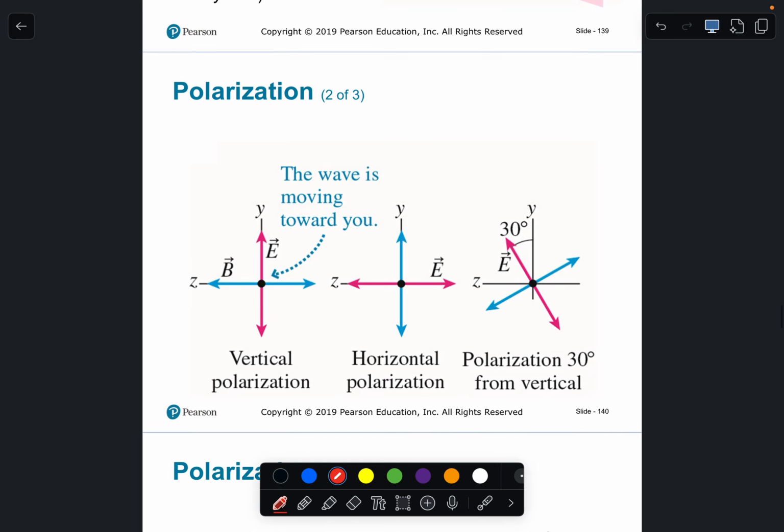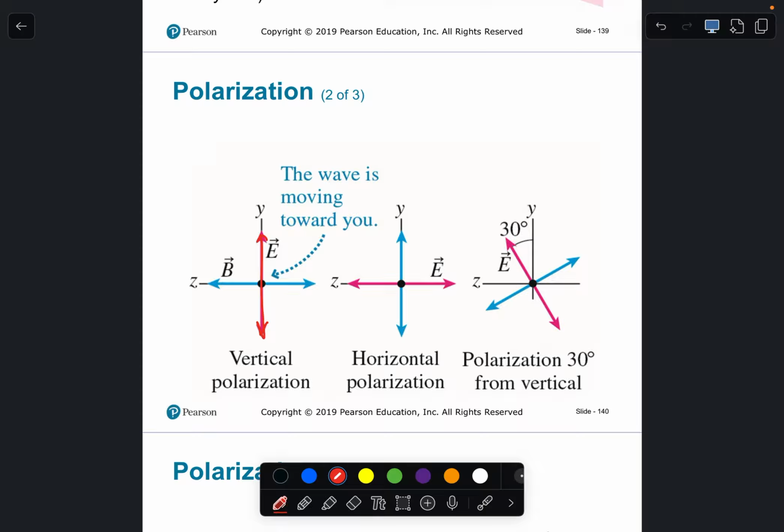So here's some other directions that the E field could exist. Okay, the E field could be on the y-axis like we just saw, which would make the B field on the Z and the velocity direction in the X coming out at you at the page. But the E field could also be in the Z direction. Okay, and then that would make the B field in the Y and the X coming out of the page, right?